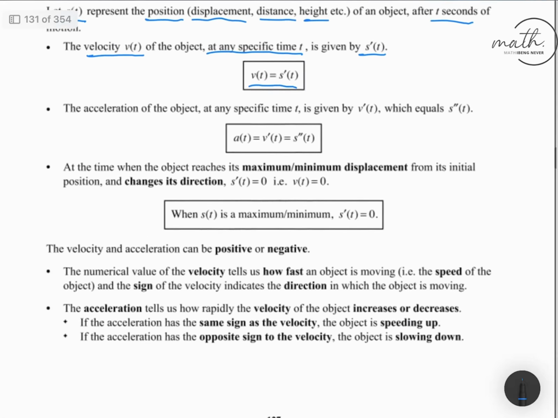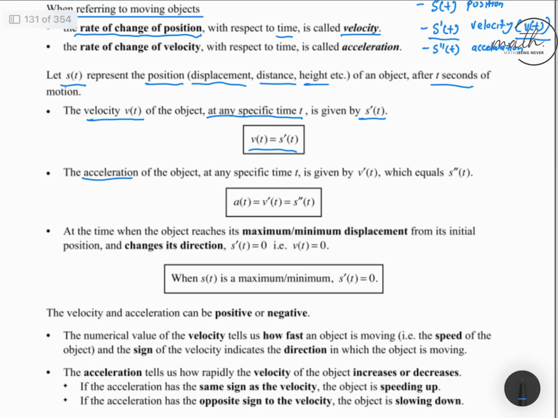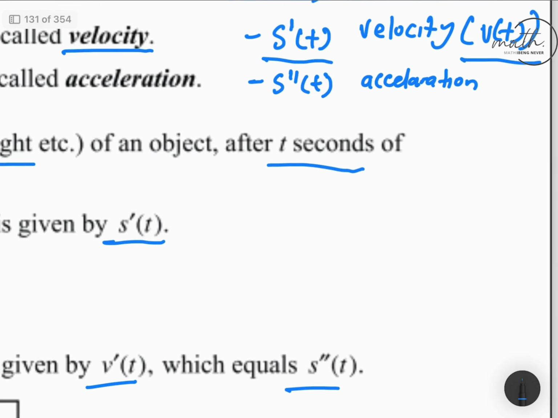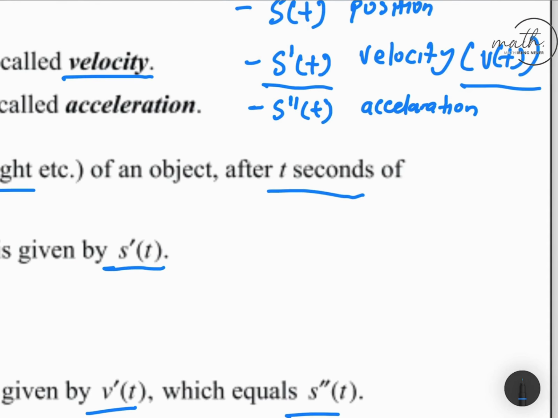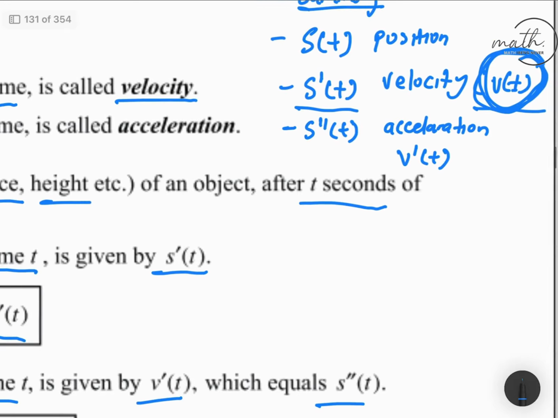Now the acceleration of an object at a specific time is given by V'(t), which is equal to S''(t), which is A(t). So S''(t) is also the same as V'(t). Remember, it's basically taking the derivative of this, or finding the second derivative of this one.